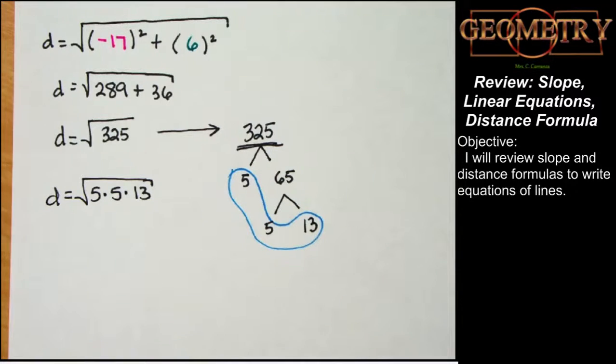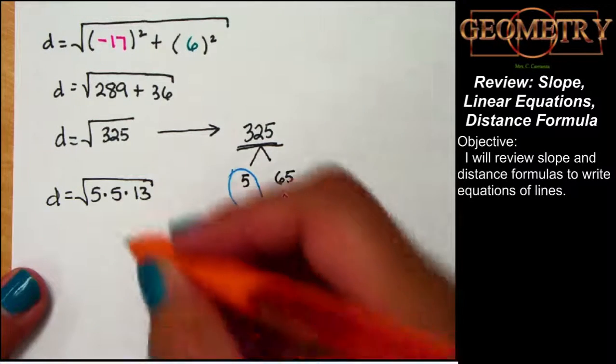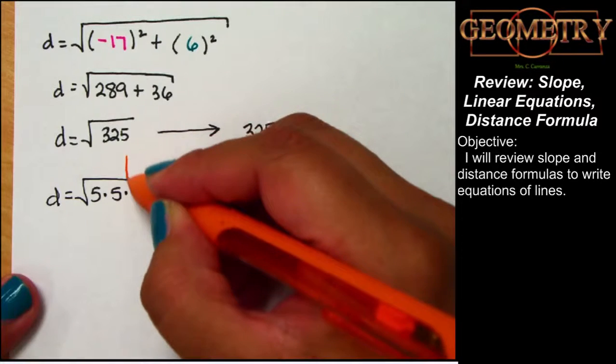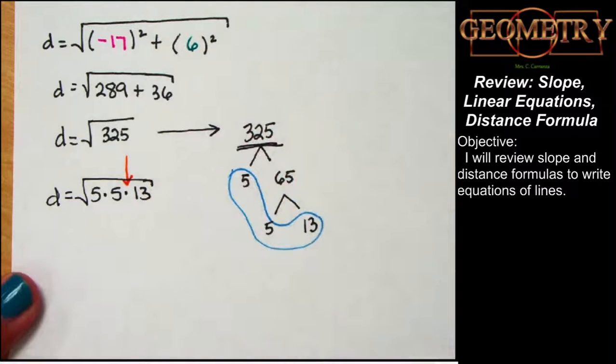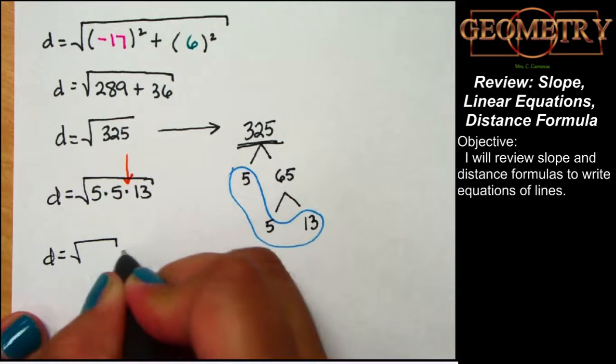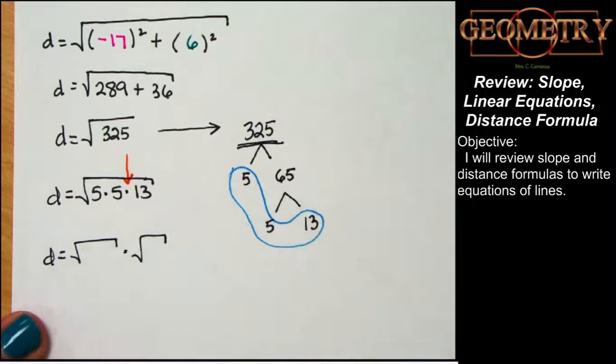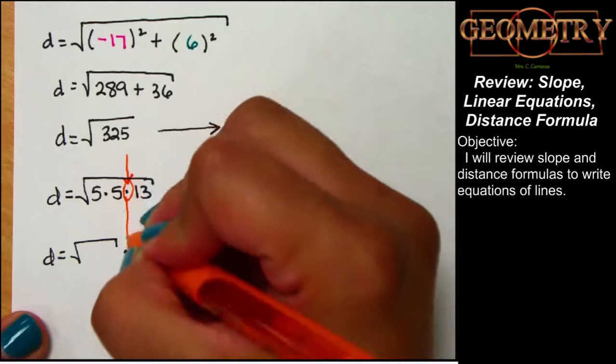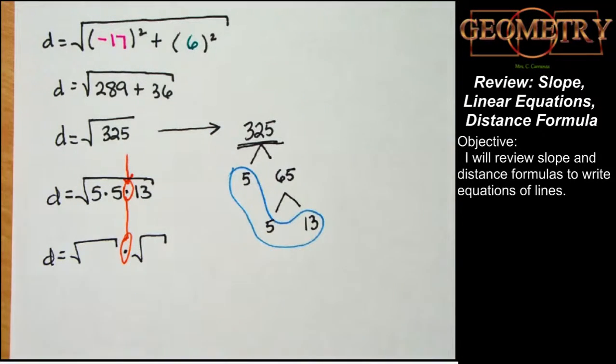But it's because when you have radicals that have a whole bunch of multiplications in them, you can Fruit Ninja into the radicals wherever there is a multiplication symbol and break it into two completely different radicals separated by a multiplication. The property is called the product property of radicals.